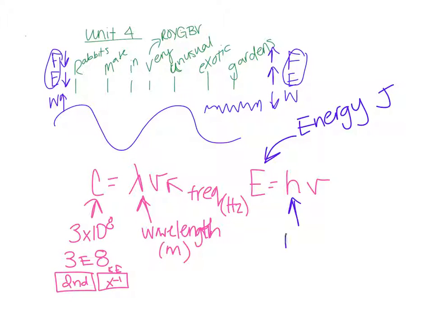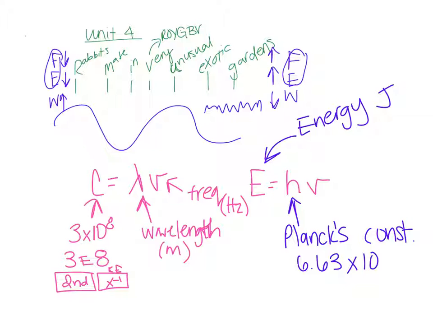The h is Planck's constant, and by no means do you have to memorize these. These are all in your formula chart, okay? So that's why I'm not going to spend too much time on this. 6.63 times 10 to the -34. So once again, when you go to type it in, you would do 6.63E-34. And then once again, this is frequency.